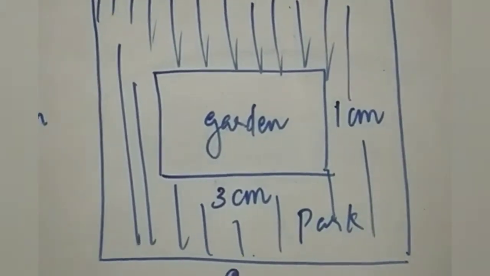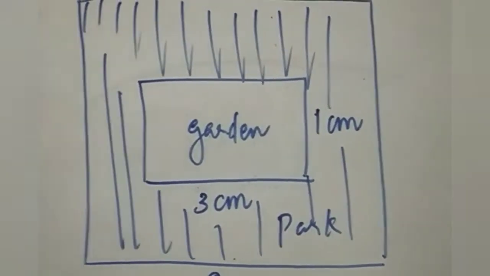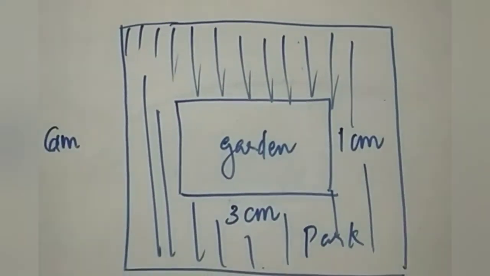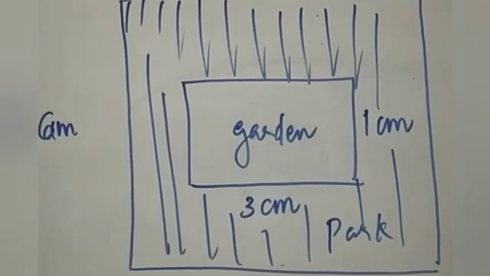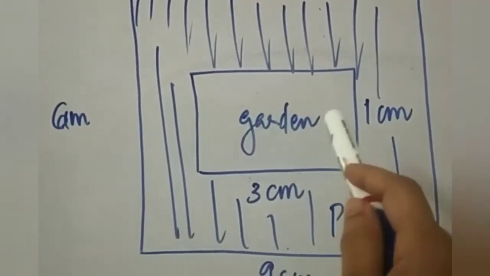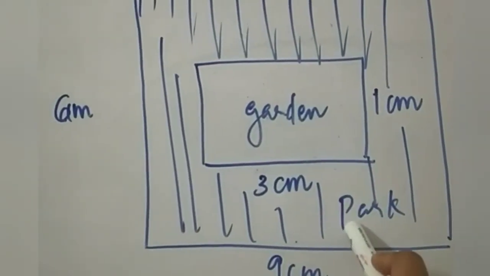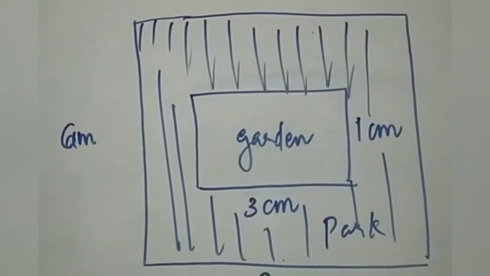And what do we need to find out? Find the area of the grassy portion. That is, we need to find out the area of this park excluding the area of this garden.